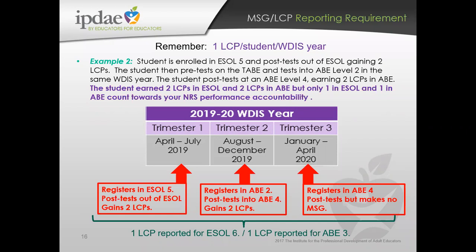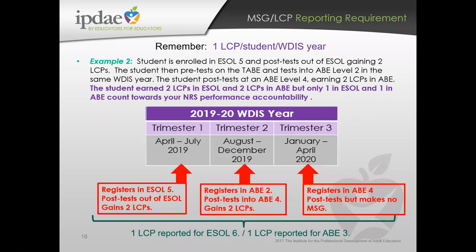Now, at this time, in trimester 3, when he's scheduled into ABE 4, he again tests, but now does not gain an LCP. So this student has gained a total of 2 LCPs in ESOL and 2 LCPs in ABE. You're allowed 1 LCP per student per WITIS year per program for NRS reporting purposes.